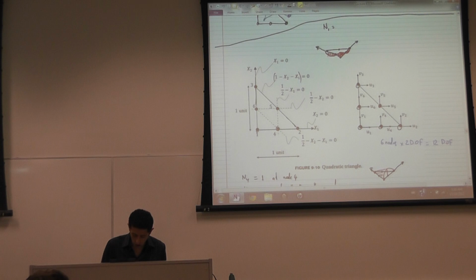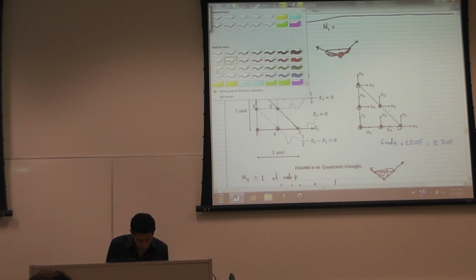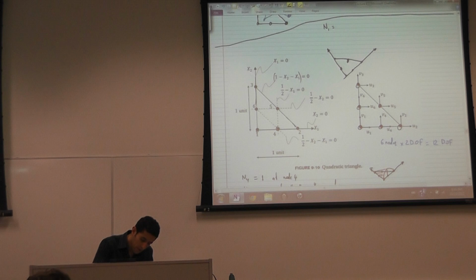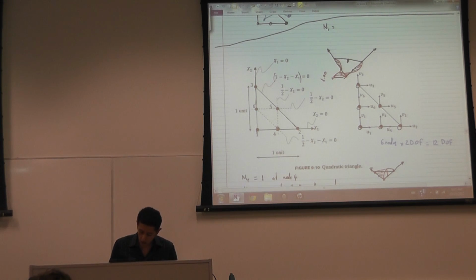So n1 would be 1 at this node, and 0 at all the other nodes.